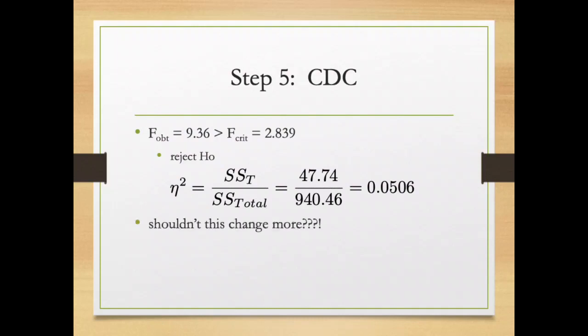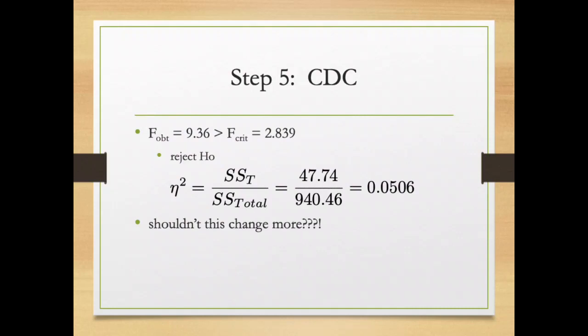Shouldn't this change more? Well, before I answer that, consider what the eta square calculation is doing. It's evaluating the proportion of variance that is accounted for by the treatment sum of squares within the total sum of squares. A total sum of squares that includes both the systematic error term and the unsystematic error term.